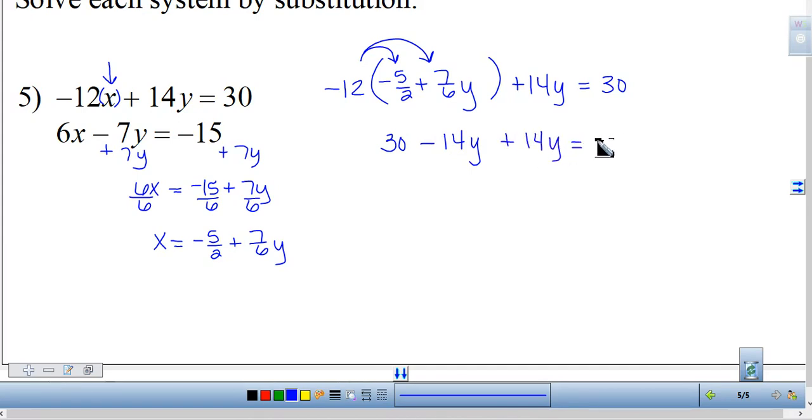Now I don't have any parentheses, and I can combine like terms. -14y and positive 14y cancel each other out, and that leaves me with 30 equal to 30. All right, so here's another example where the variables went away, but this equation makes sense. In this case, these are same lines, and we have infinite solutions.